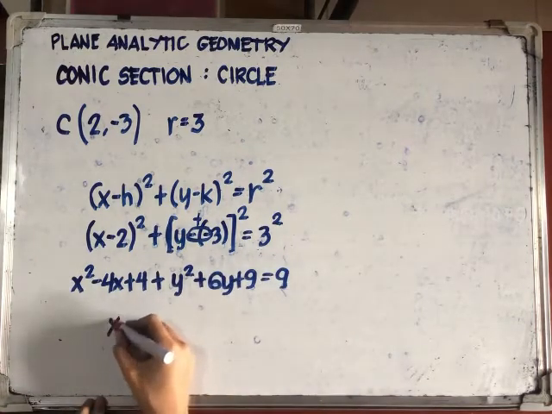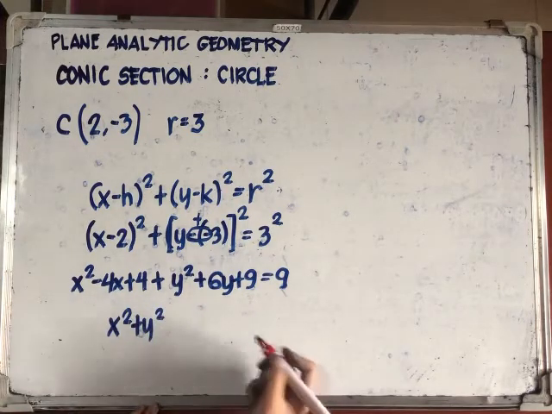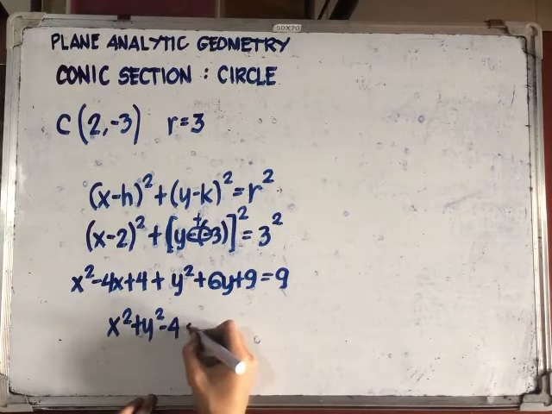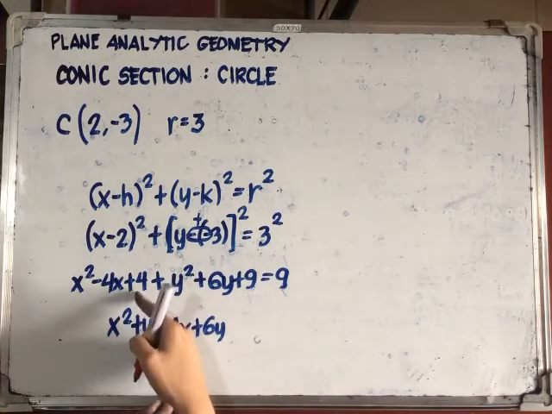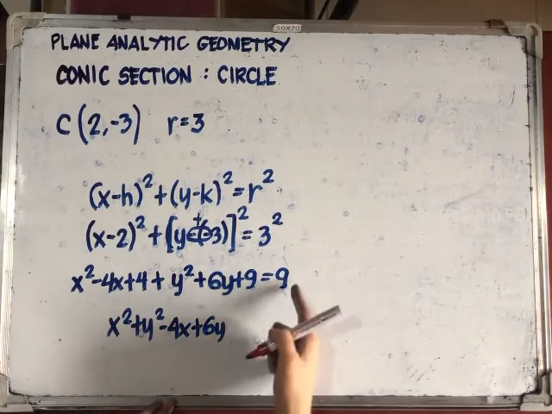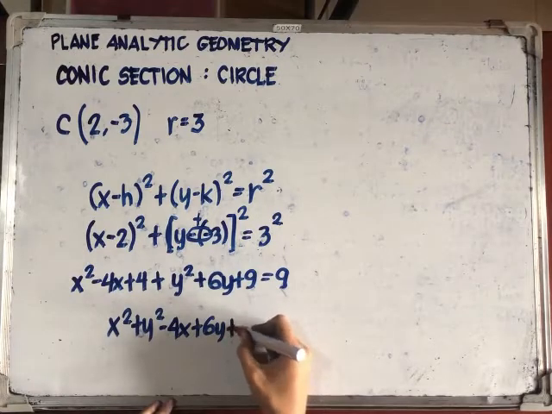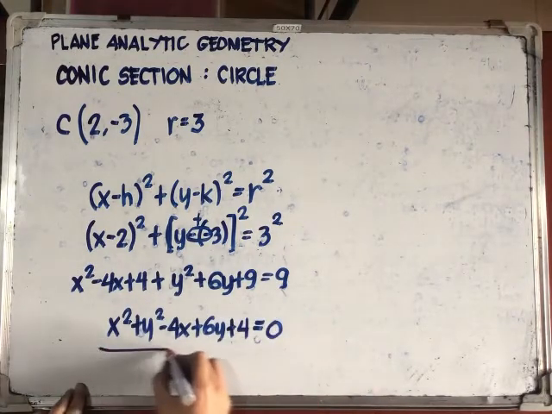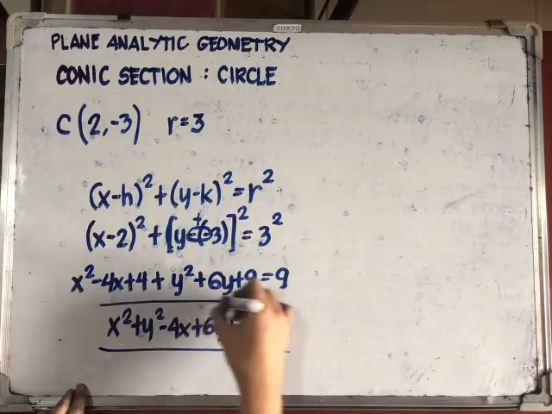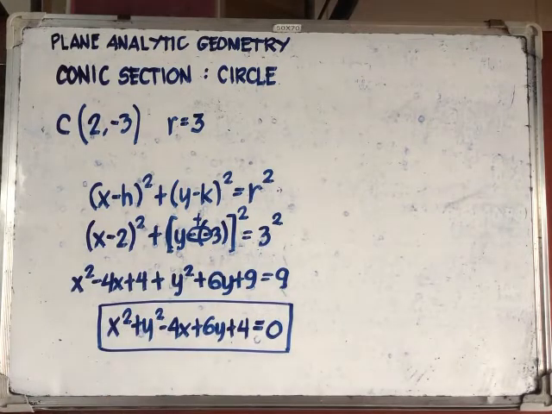Kapag samahin natin, you have x squared plus y squared minus 4x plus 6y, 4, and then 9, tapos yung negative 9, positive 9 na to, ilipat natin onto the other side, so that gives us 4 na lang, equal to 0. So this is the equation of our circle with center (2, negative 3), and radius r equals 3.